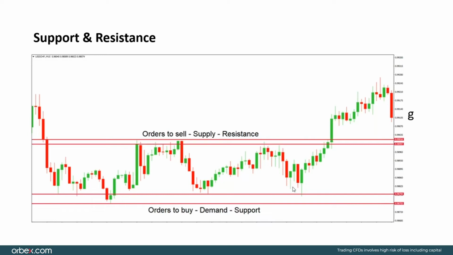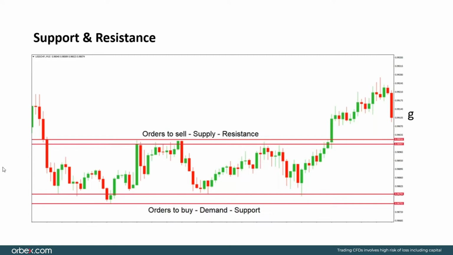And then the same thing is true of the downside. As price trades down into these demand levels, into these support levels below the market, this is where we get buyers stepping in, initiating long positions, hoping to profit from a reversal higher.